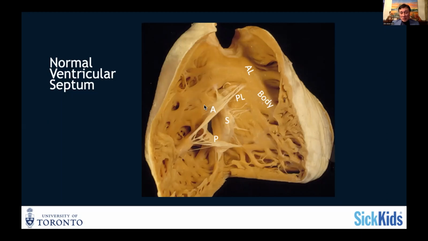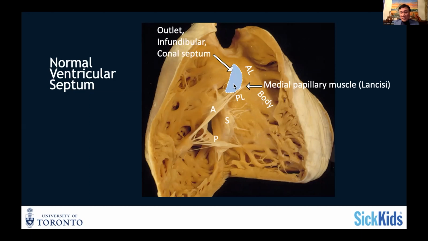Interestingly, the anterior leaflet and septal leaflet of the tricuspid valve have a caudal attachment to a small nipple-like papillary muscle, which is called the medial papillary muscle of Lancisi. And then above that, this triangular or half-moon-shaped part is the septum between the right ventricle and left ventricle, called the outlet or infundibular or conal septum.